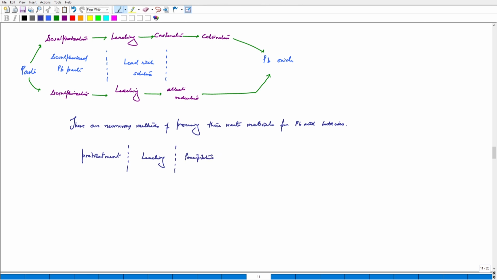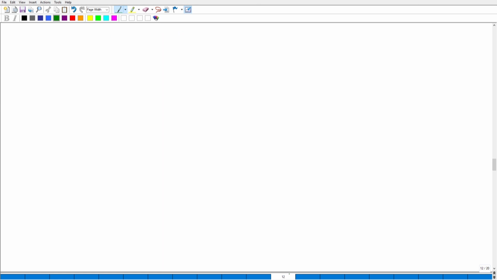If we are not interested in the metal itself, then precipitation, or else we'll have to go into electrowinning. Generally speaking, what types of products can we make? We can have PbO, PbO·PbSO4, PbS, etc.